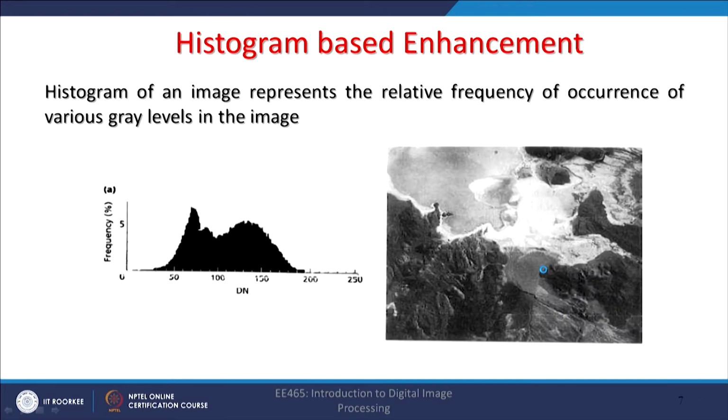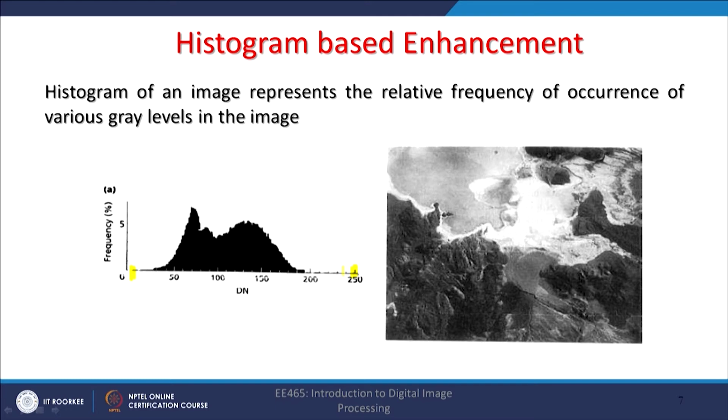Now, we see a real example of a histogram representing the relative frequency of occurrence of various gray levels in that image. On the right side you are seeing the image, on the left side the histogram distribution. In this case, the raw image histogram is occupying the full range available to us, between 0 and 255.